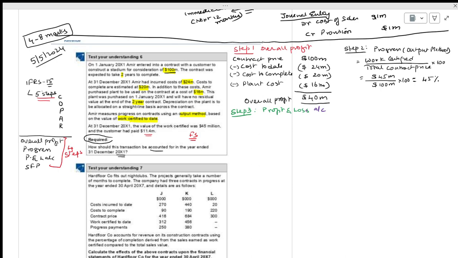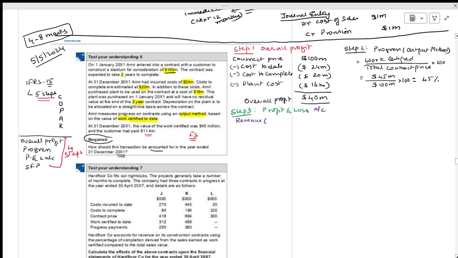What is the revenue? We have completed 45%. When we have completed 45%, we have to take 45% revenue only. This is the rule. I am writing for your convenience.